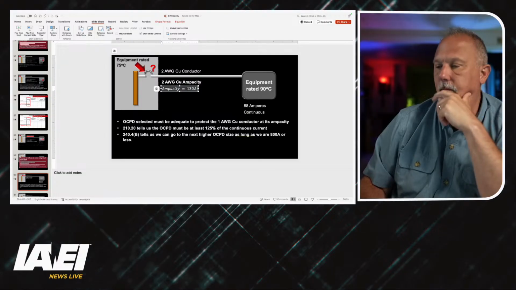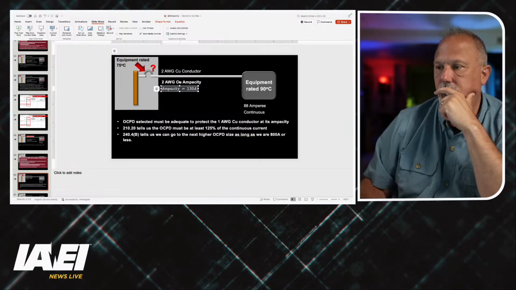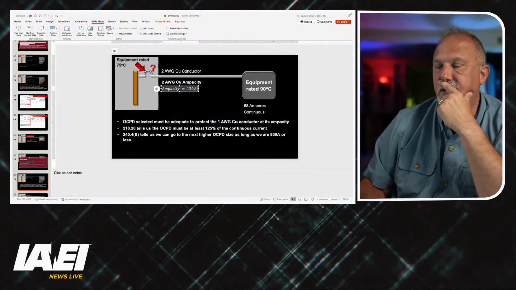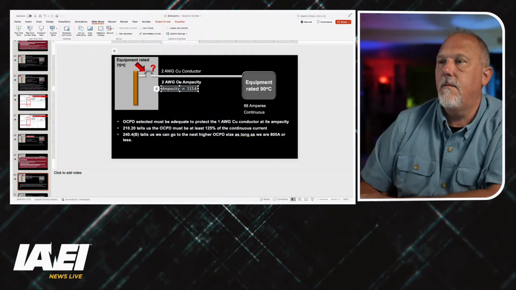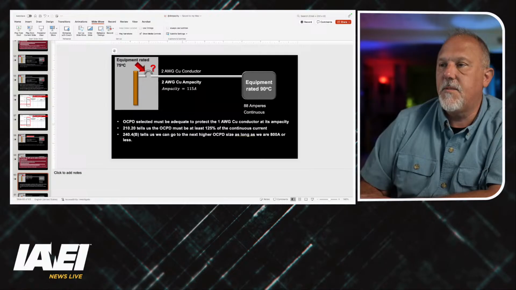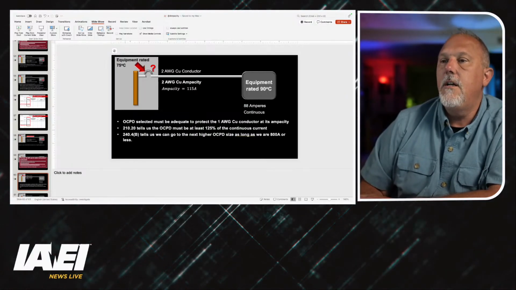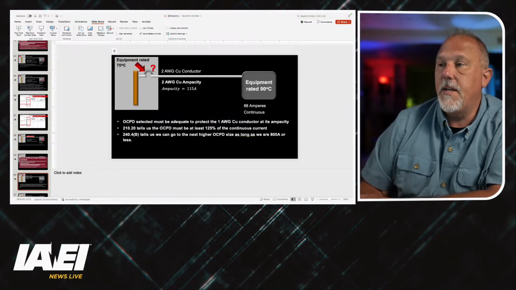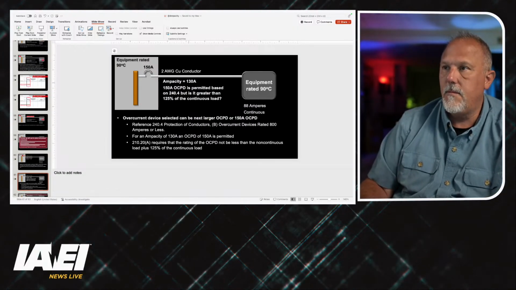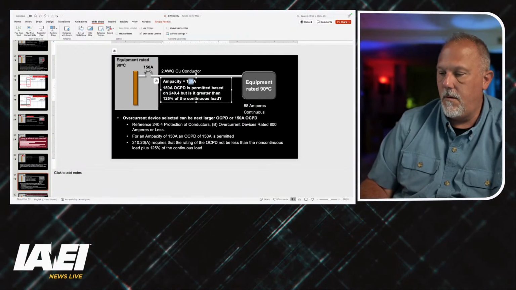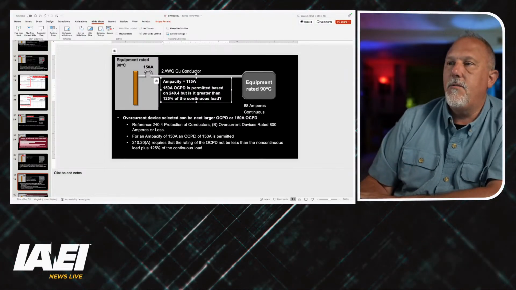So the ampacity of this circuit is technically 115 amps, right? The OCPD selected must be adequate to protect the 2 gauge copper conductor at its ampacity. 210.20 tells us that the OCPD must be at 125, and 240.4(B) tells us that as well.